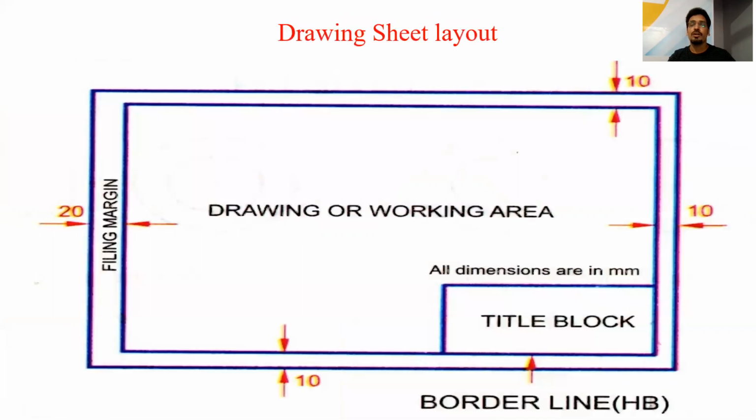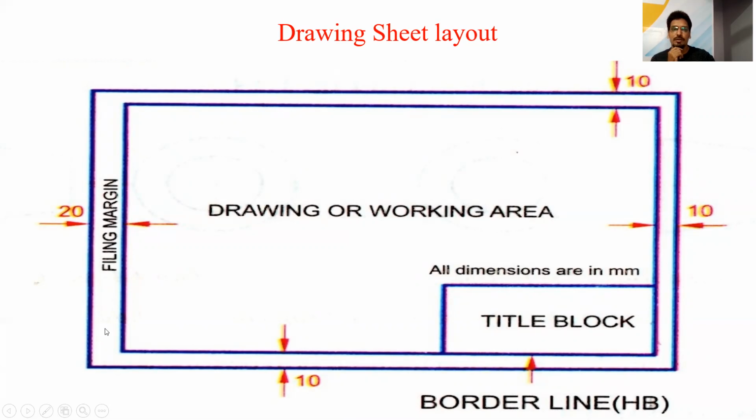Now we are going to discuss drawing sheet layout. Before starting the drawing on the drawing sheet, we have to first draw margin lines. On the left hand side, we have to leave a margin of 20 mm, and on the remaining 3 sides, that is the top side, bottom side, and the right side of the drawing sheet, we have to leave a margin of 10 mm.